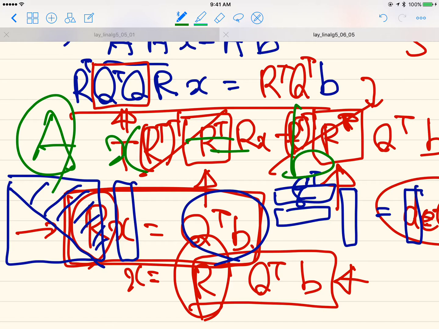The last equation is the first thing to compute, and then we substitute it into the above equation and solve the next one, and so on. So that way we can easily solve that linear system.